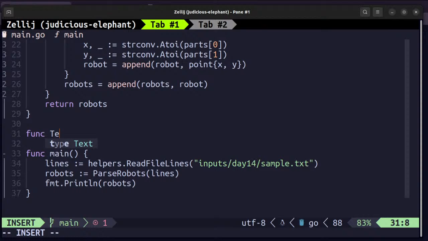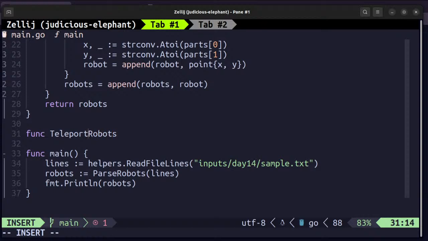What we want is all the robots aggregated into quadrants, but before that we need to find which robot is in which quadrant. So I'll call it place robots, teleport, or teleport robots.